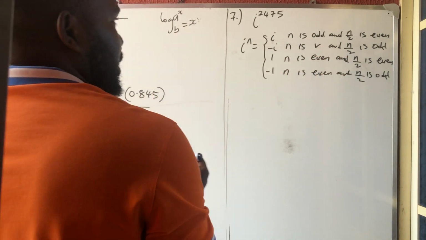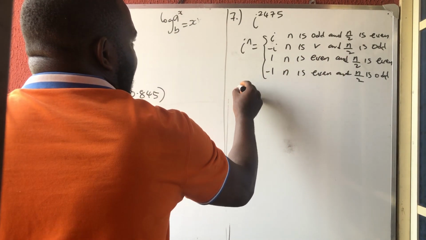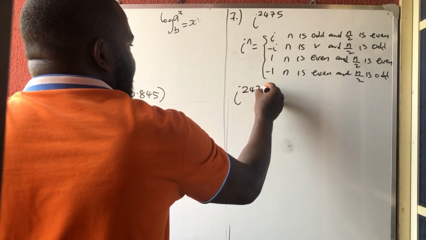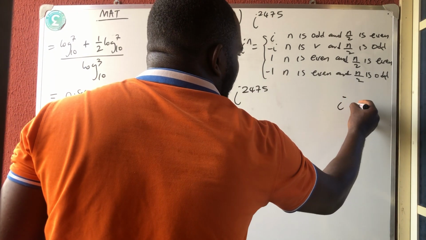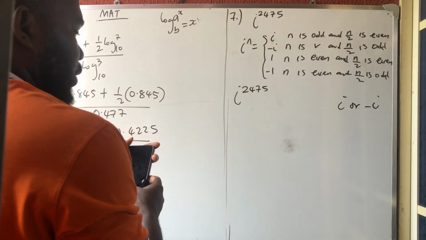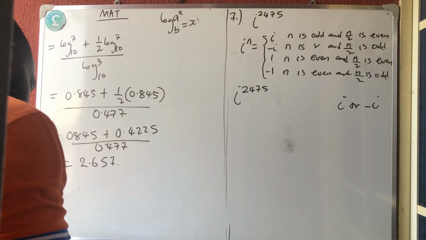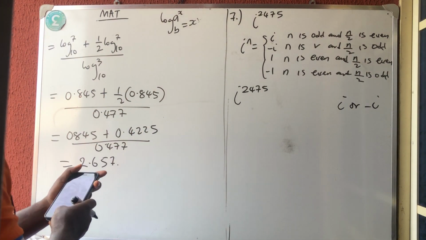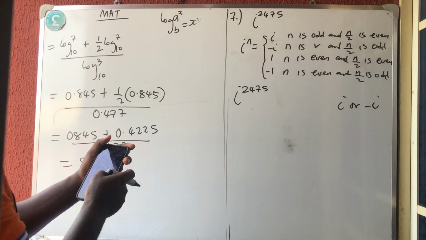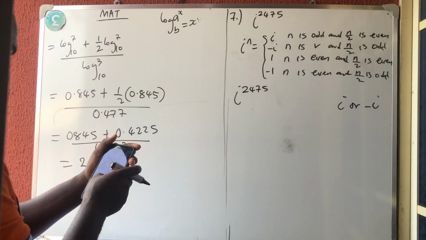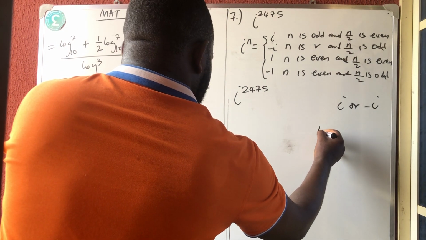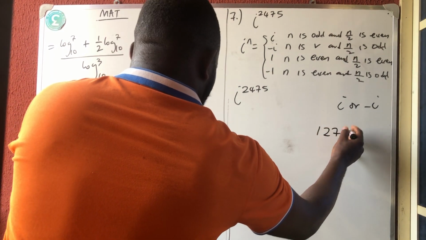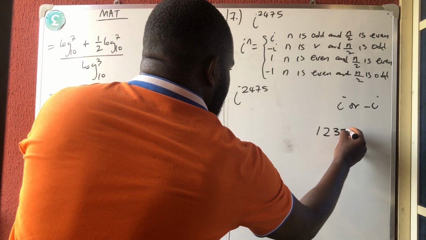I'm taking negative. Since I'm having i raised to power 2475, this is odd, so the answer I'm expecting is either i or minus i, because it is odd. Now I will divide it by 2. 2475 divided by 2 gives me 1237.5.